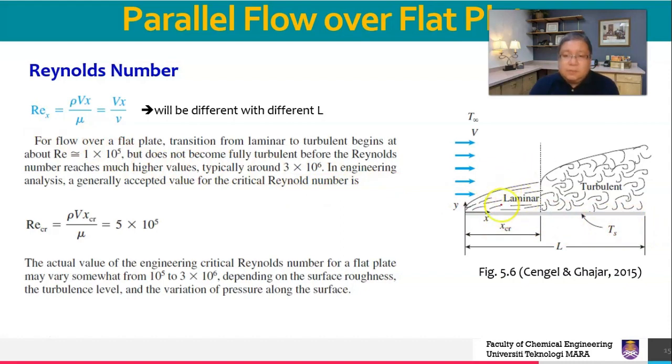If you want the Reynolds number at this point, x may be 3, for example. You want 3, and what is the rho at 3, what is the V, and what is the mu, and you will get the Reynolds number for that value.